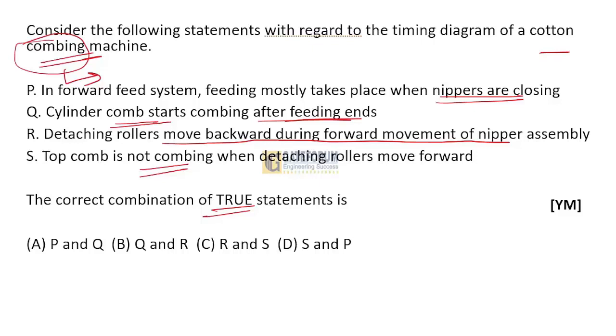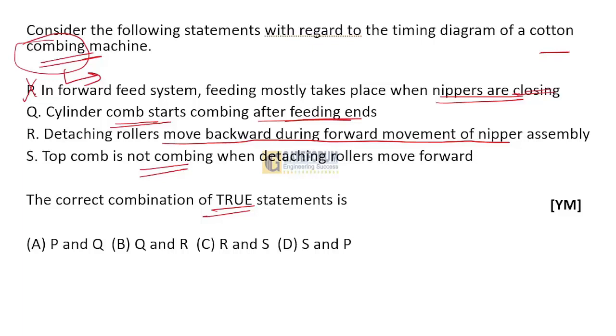So in cotton combing, in the forward feed system, feeding takes place when nippers are opening. So this is wrong, since they say nippers are closing. And the cylinder comb starts after the feeding of the cotton is completed, as the cotton has to wait for the feed rollers to stop delivering cotton to the machine before it can start the combing process.